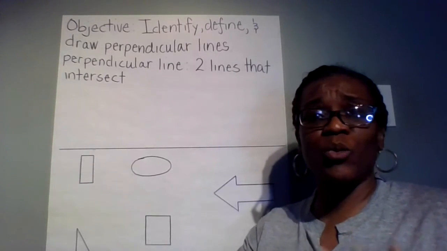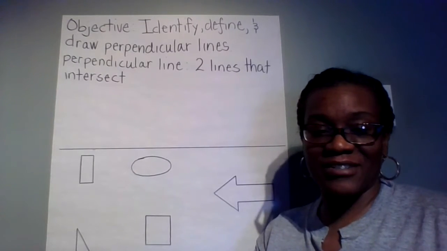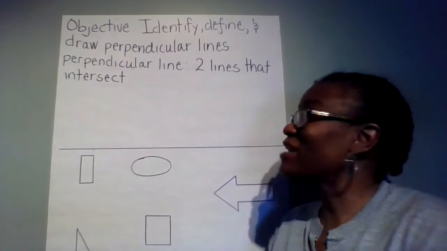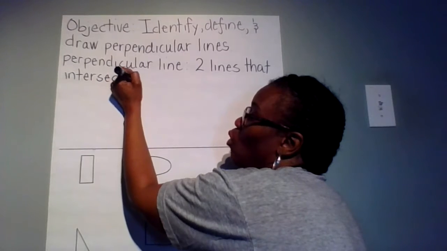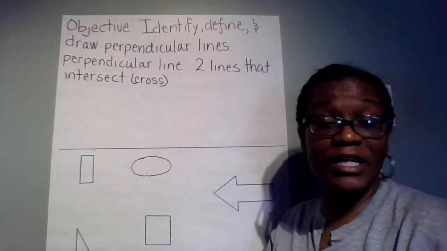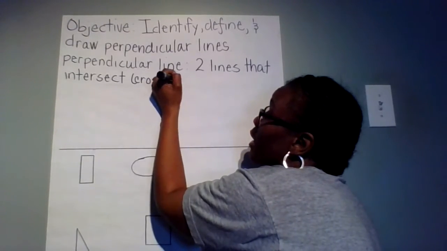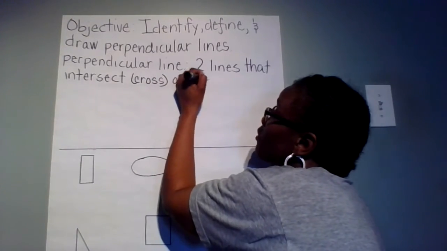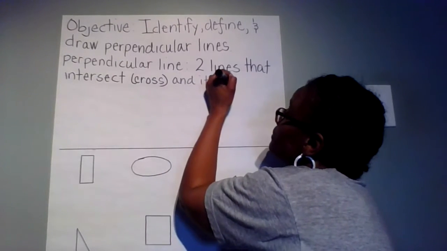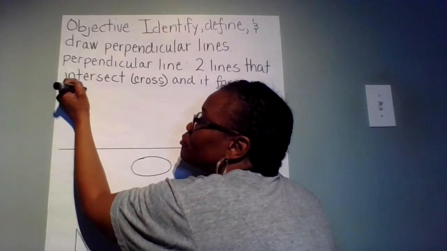And scholars, what would be another name for intersect? That's right, you guys are so smart. It would be cross. So it's two lines that intersect or cross, and it forms a right angle.